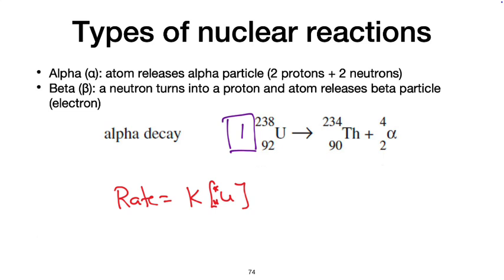If we push on this even further, what's happening? What changed? Did we transfer electrons? No, we dropped two protons. We dropped protons and neutrons from the nucleus.